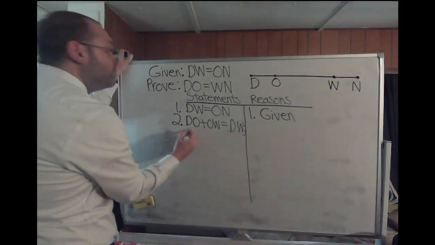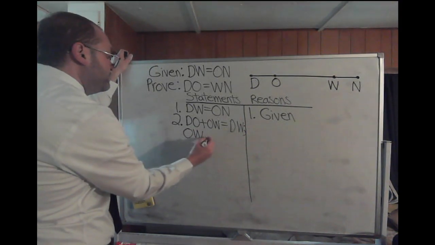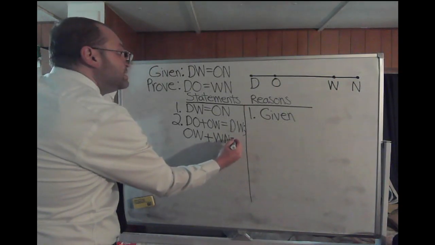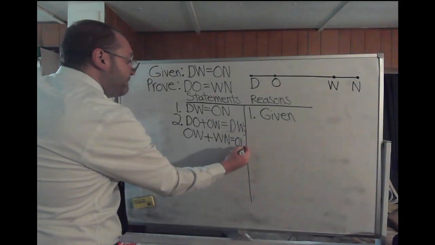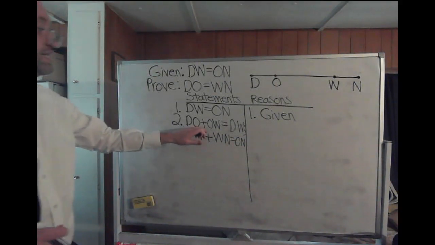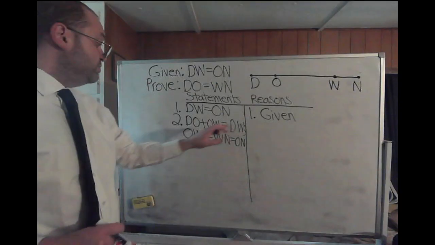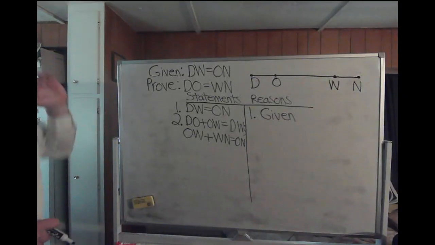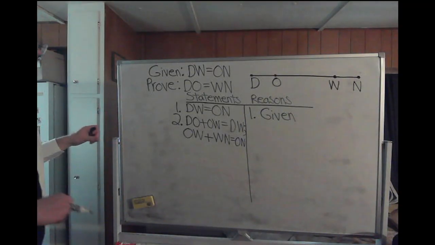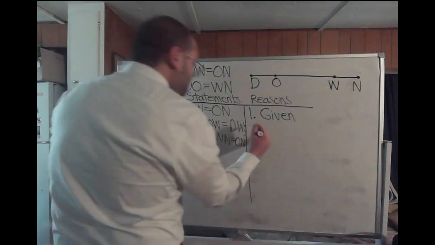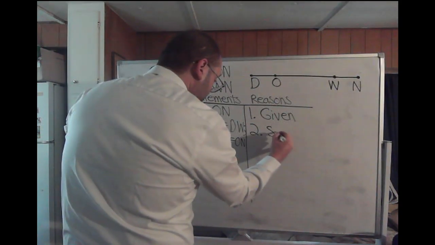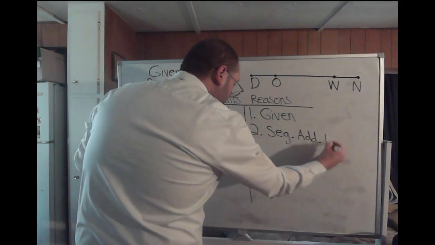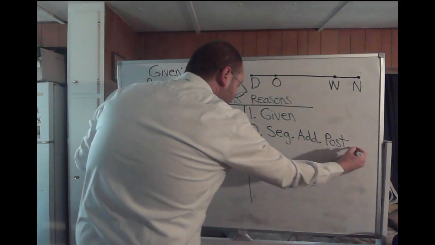In the same step, we can say that OW plus WN is equal to ON. So we have step 2, DO plus OW equals DW. OW plus WN equals ON. Right? Okay. Now we have just done, of course, this would be the segment addition postulate. So step 2's reasoning is we just use the segment addition postulate to define these.